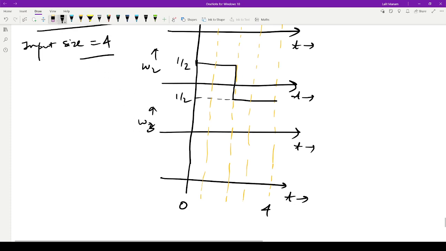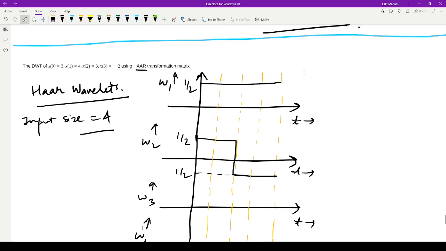Okay, what should the third one be? What are the two things that you can vary in wavelets? Frequency?